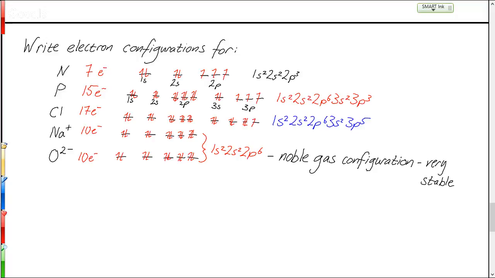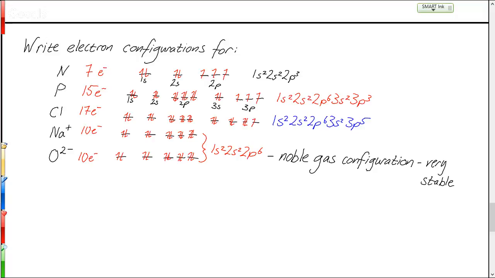And that's actually the explanation for why the various columns always form a particular ion. If oxygen forms a 2- ion, it achieves noble gas configuration, which is especially stable. If chlorine takes 1 electron, it makes noble gas configuration, again very stable, so it's a 1- ion. So that's where that comes from.